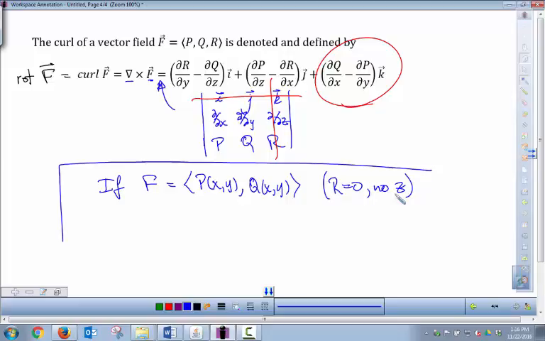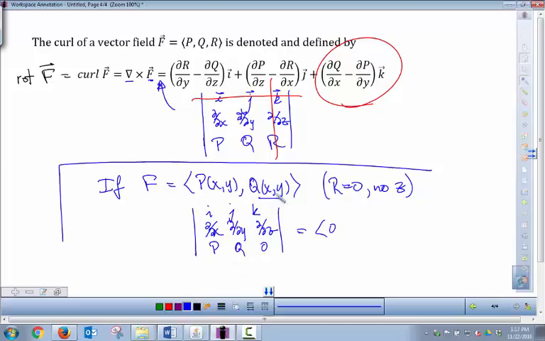If we imagine how that would look in the curl: i, j, k, partial with respect to x, with respect to y, with respect to z, P, Q, and 0 for R. If we take the curl of this, we see that in the i direction, we're taking the derivative of 0 with respect to y, and the derivative of Q with respect to z.